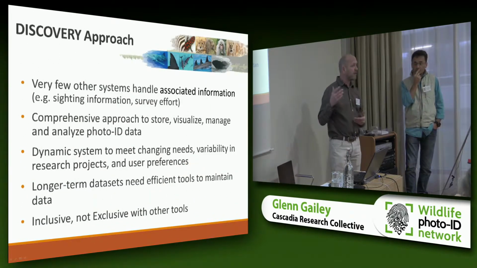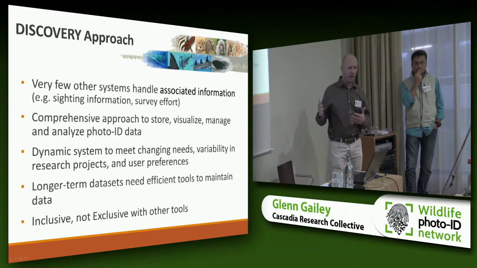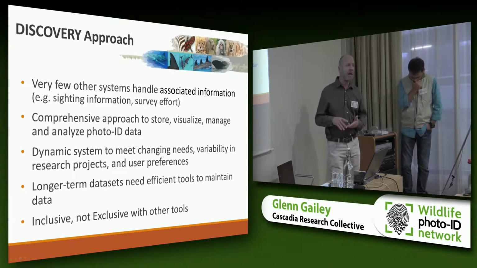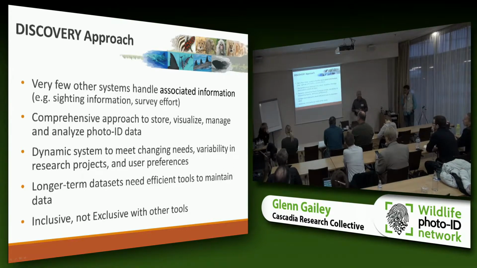Because those other software are so species specific, there are so many other species that there's no software available for. So we tried to develop an overall comprehensive approach to store, visualize, manage, and analyze your photo ID data. We realized that there are really no standards in the field, and what John Moran presented yesterday and how he processes photo ID is totally different than another research lab that may process photo ID.